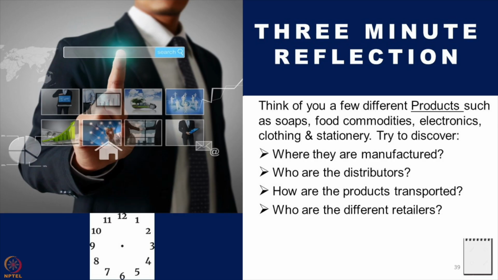Try to take 5 or 10 such examples of different categories. As I said, if you have a car, a bicycle, scooter. If you have a phone, laptop, PC. If you have a pen, pencil, biscuits, soaps, detergents, atta, flour, rice, cooking oil.